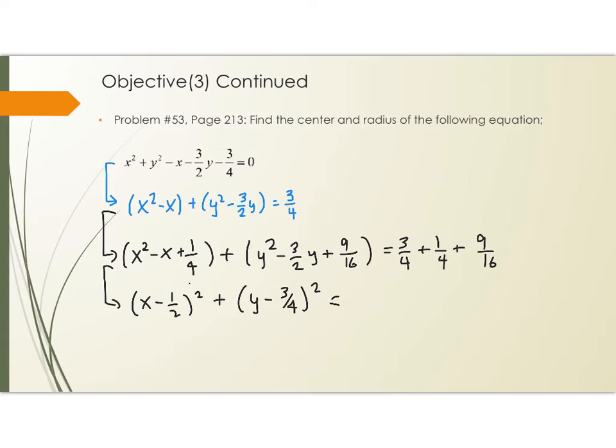if I add the same denominators together, I get 4/4 plus 9/16. But this is 16/16 plus 9/16, and we leave these together.